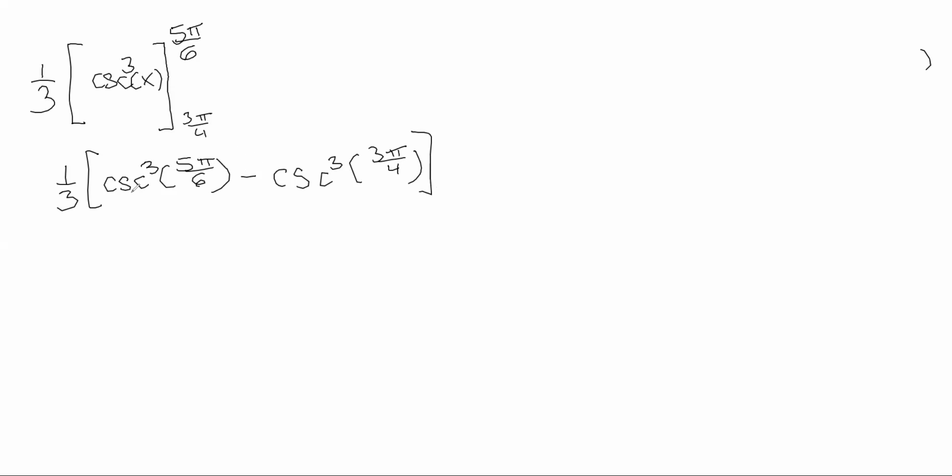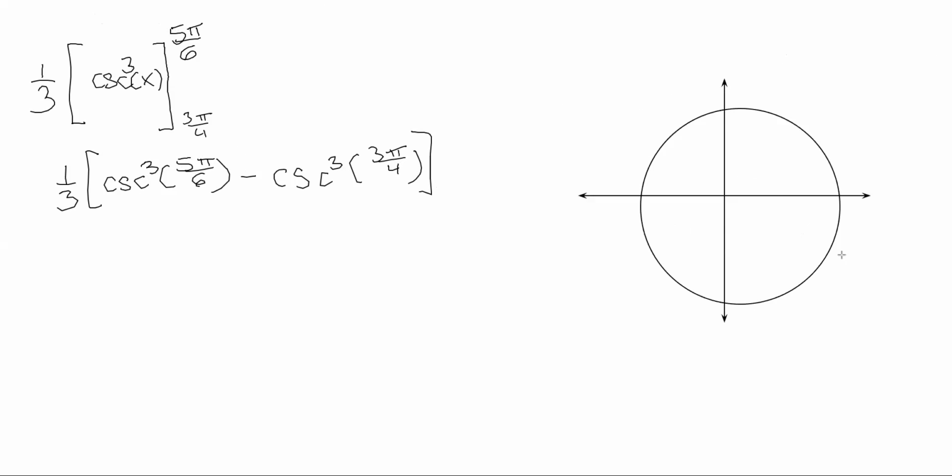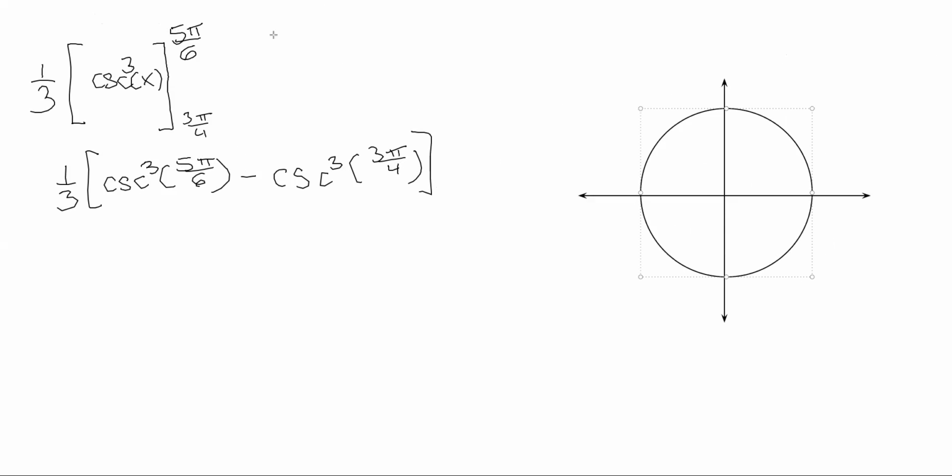So let's ask ourselves, what is the cosecant of 5 pi over 6? So we're going to need our unit circle. So we have 5 pi over 6 is right here.